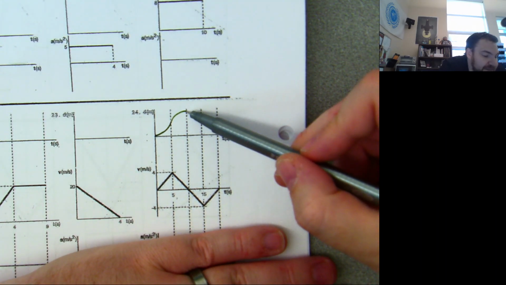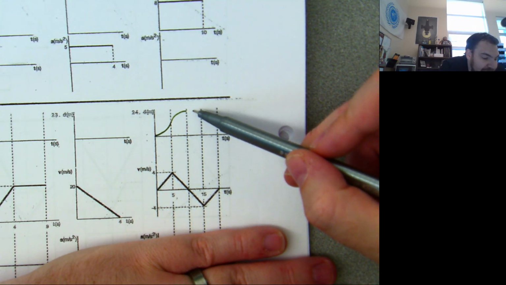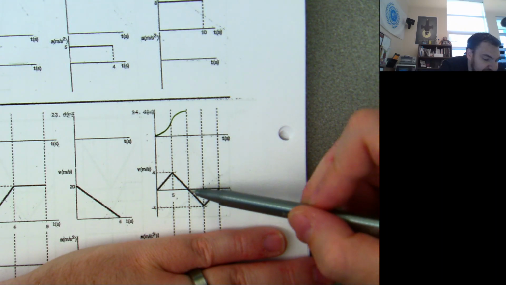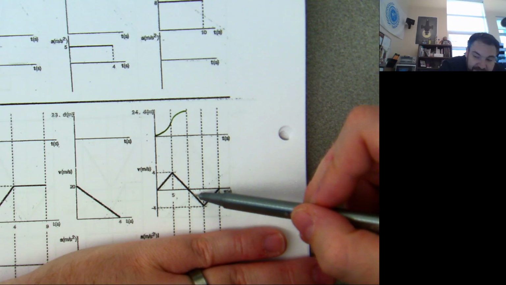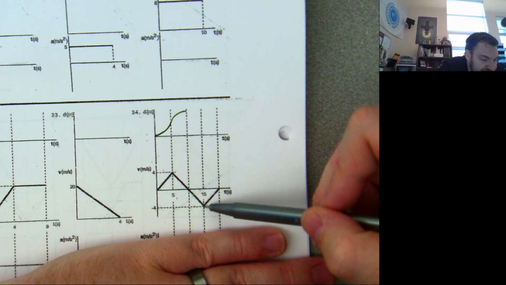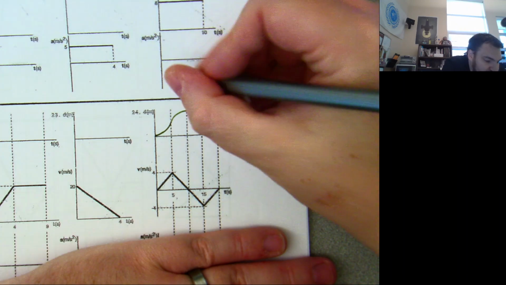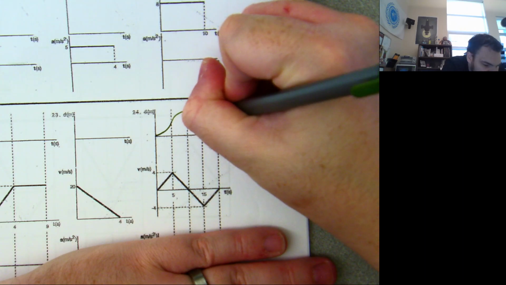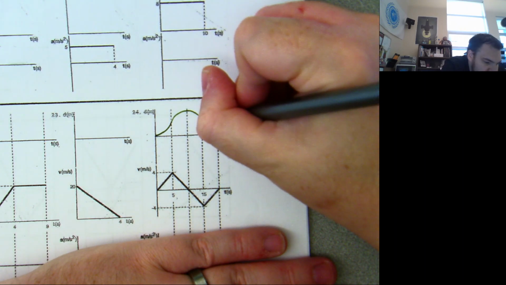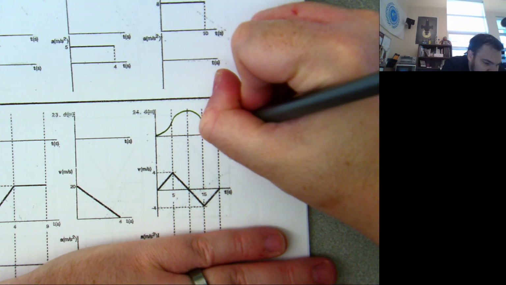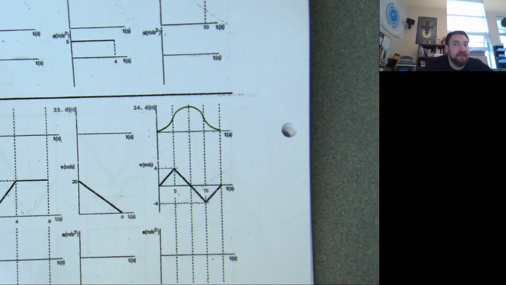At this peak is when this thing flattens off, and we're going to get exactly the mirror image. It's going to start to speed up negatively, reach some maximum negative, and then slow down to a stop again. So it's going to start to speed up again, and then it's going to start to taper off and flatten off at the end.